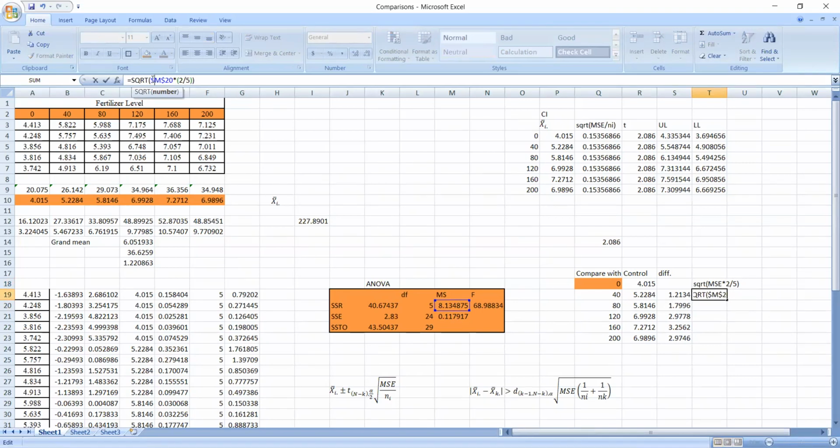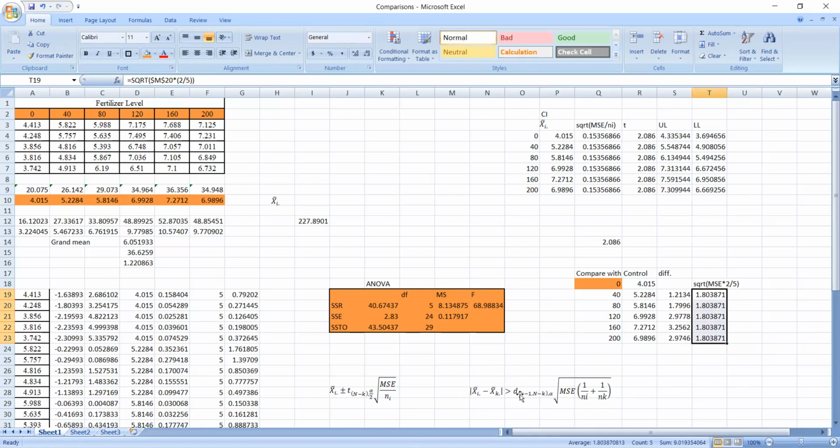So I'm going to lock it. Okay. So now we have calculated the square root term, and we have calculated this difference between the control group mean and the other treatment means.